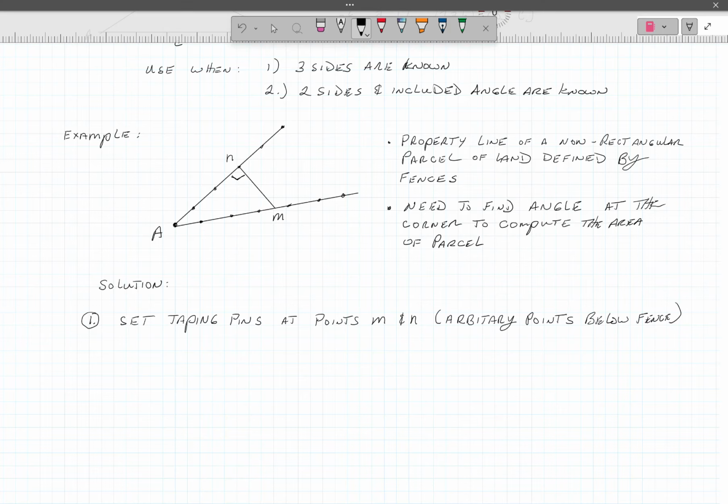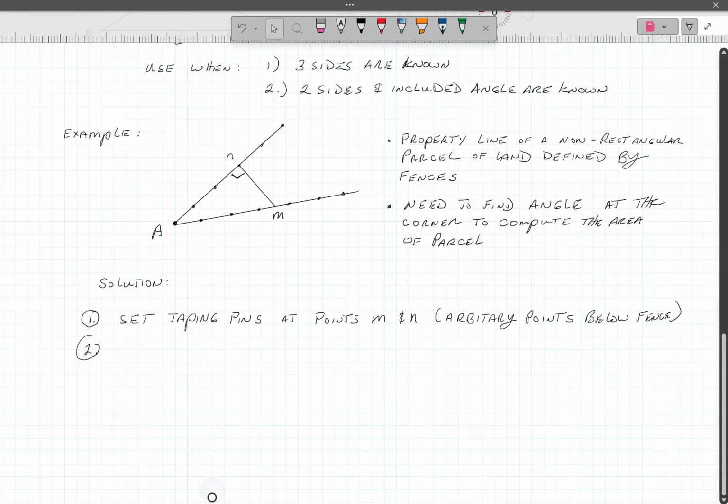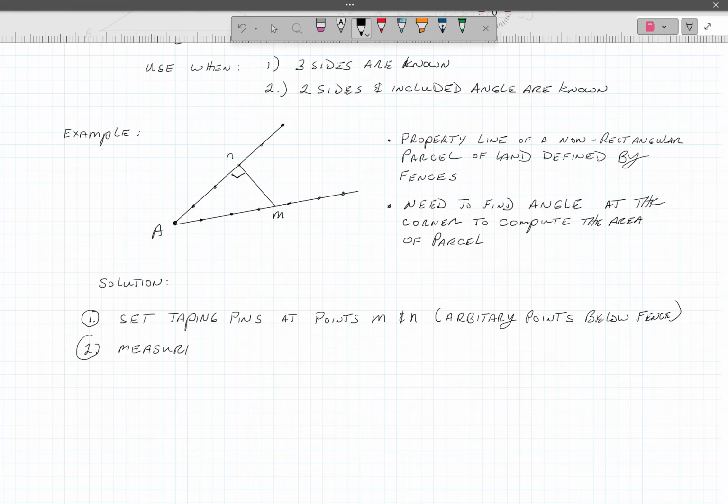But where the fence is, we're going to measure B equal to A and N, and that's going to come out to be this number, 98.34 feet.